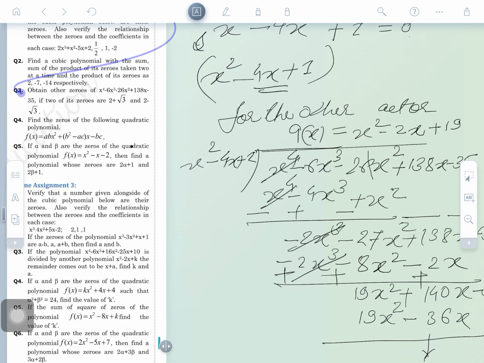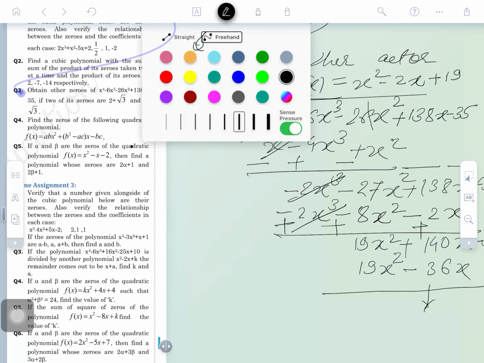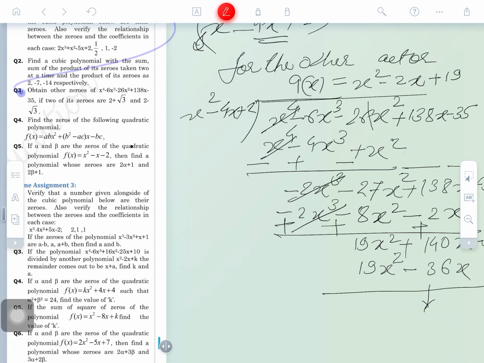This is x to the power 4, minus 6x cube, minus 26x square, plus 130x minus 35. So this is to be done as x square, degree difference nothing, x square is there, 4x cube, and x square is also there. This step is correct. This step we have done correct.